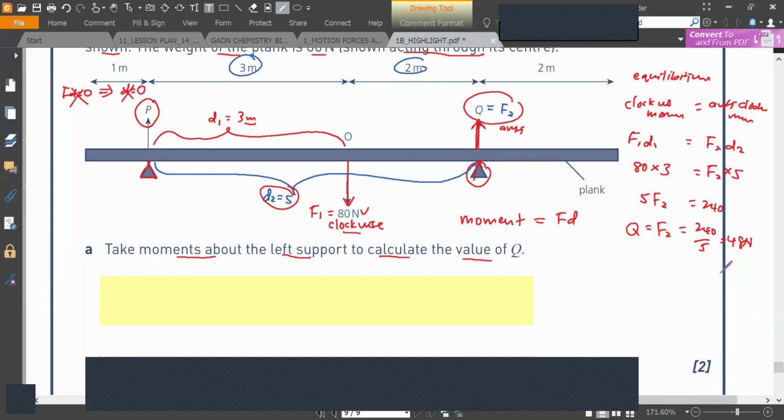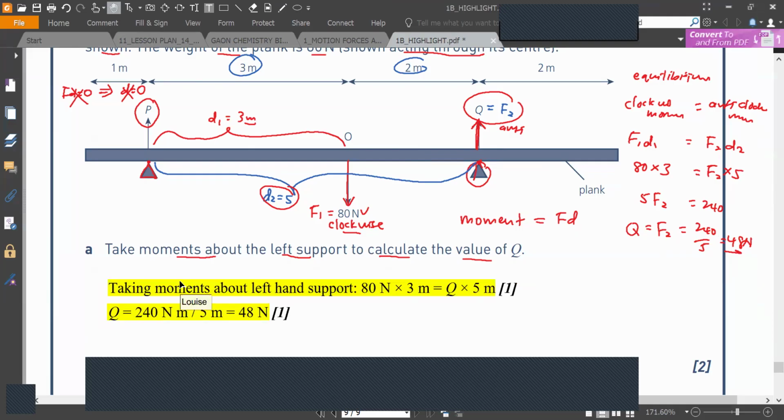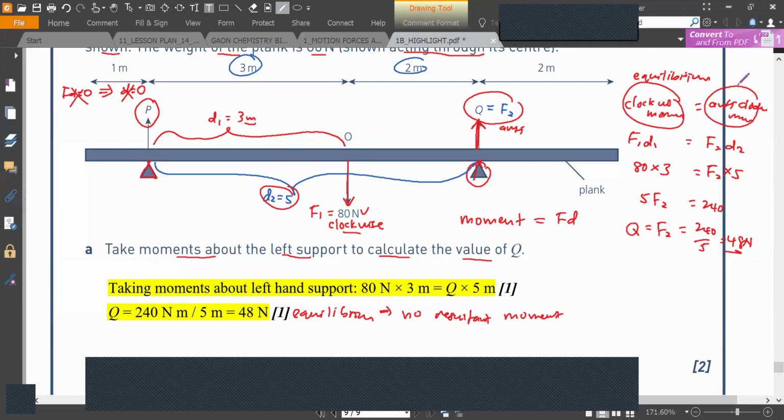So which means to support this plank, not letting it fall down, the up force of Q needs to be 48 Newton, if we did everything correctly. Now we already know that for equilibrium we have no resultant moment, because the clockwise moment equals the anti-clockwise moment.